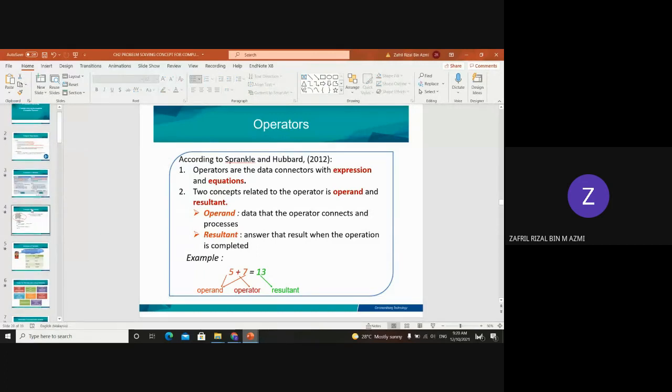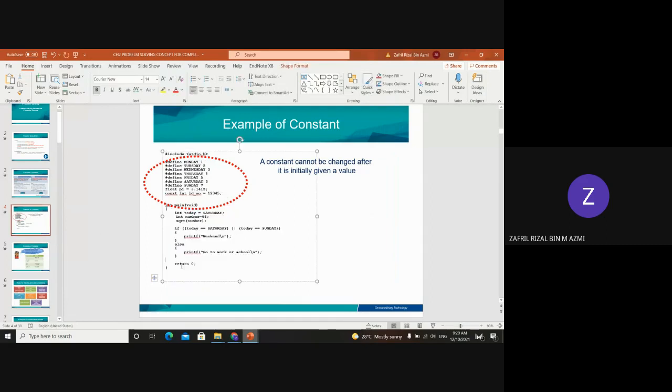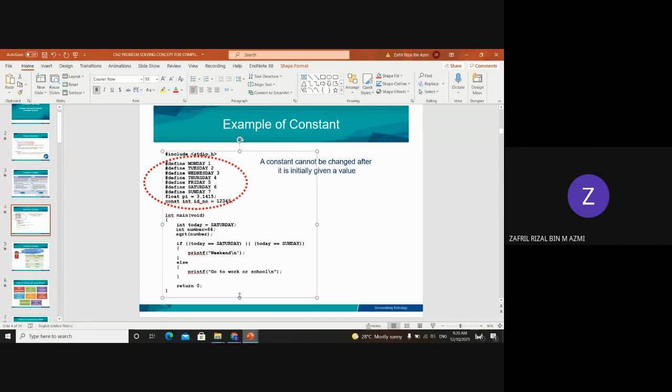Kita guna ni je lah kan. For example, you want to do some sort of calculation. Adalah mana-mana kat sini, you want to do calculation. Example kan. Nampak tak ke kecil sangat? So you cannot simply, if you want to calculate 5 plus 7, put it like this.